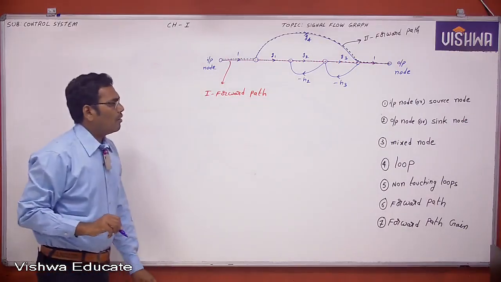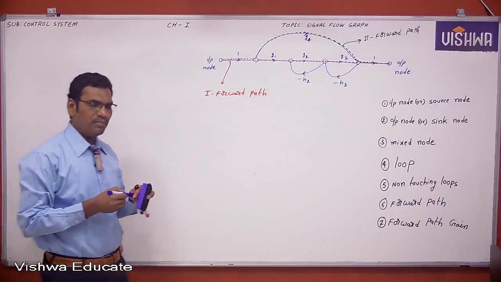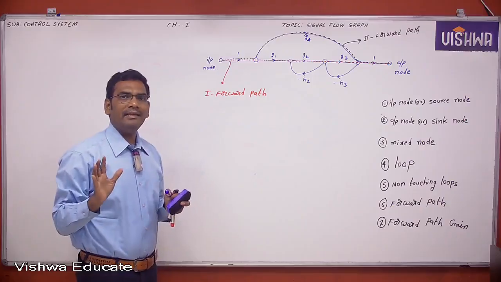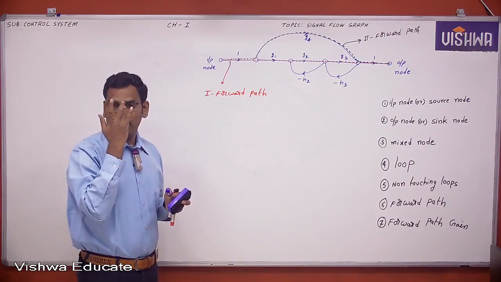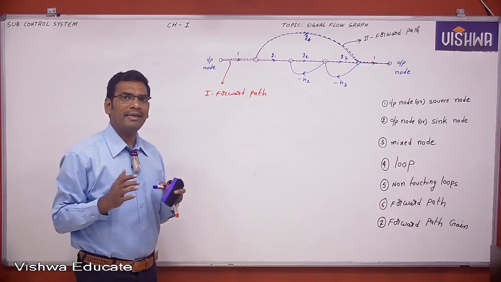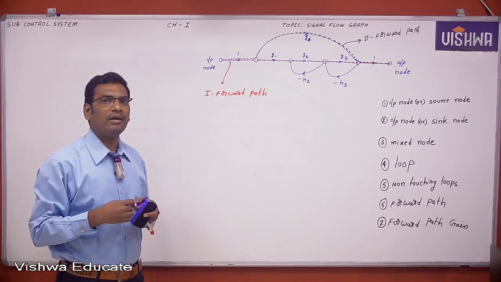Now, what is the forward path gain? Very simple. The total gain in that particular forward path. The total gain, whatever the total gain in that particular forward path, is called the forward path gain.